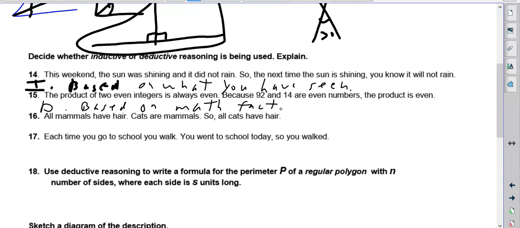All mammals have hair. Cats are mammals, so all cats have hair. Well, that's not true because there are hairless cats, but you're using deductive reasoning here based on biology.